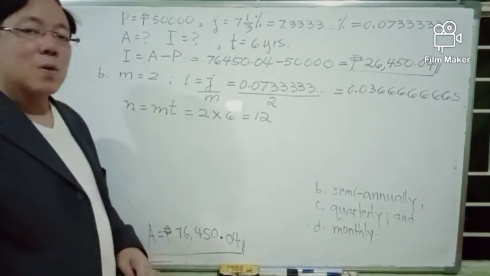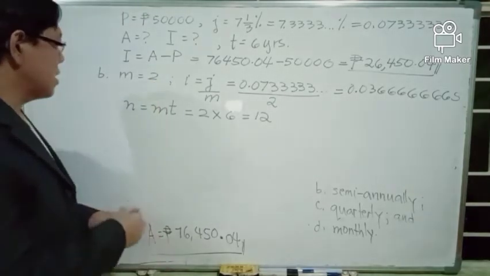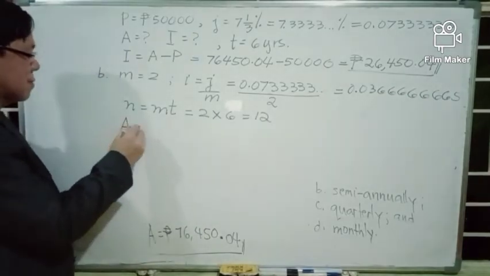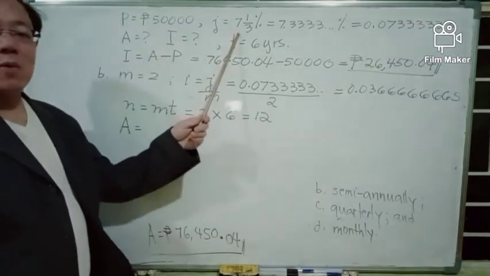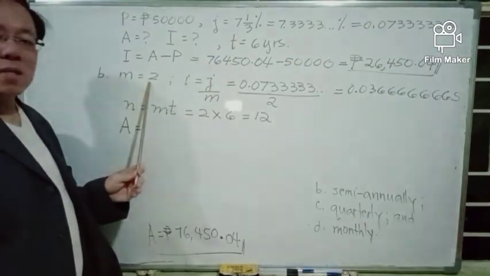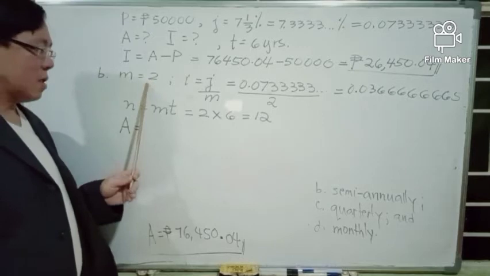Now we are ready to compute for the accumulated value of 50,000 pesos at 7 1/3% compounded semi-annually.